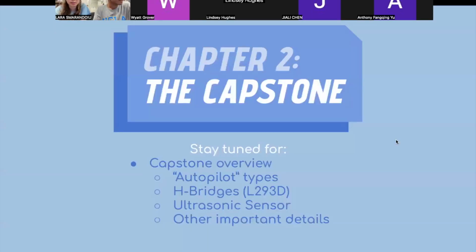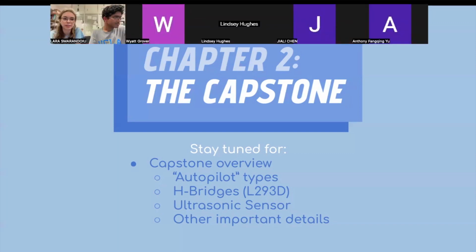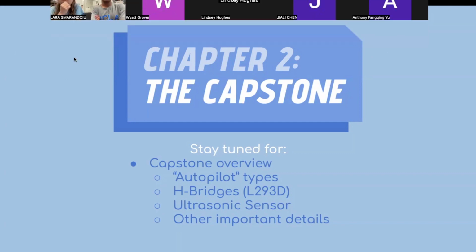Okay. So we have finished the PID, which is the coding part of the capstone, and now we're going to get more into the actual capstone, which is pretty important. People said that they enjoyed us going over the specs a little bit. So we're going to be going over the entire spec, and it also helps explain what the capstone is.